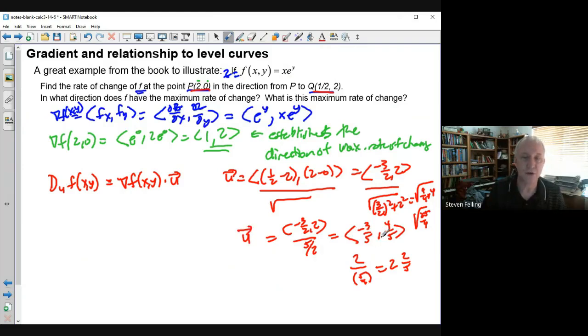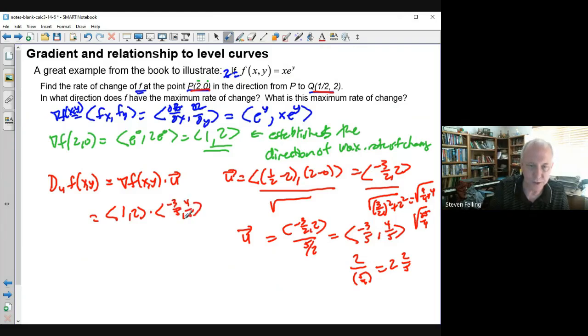And now that I have a unit vector in the direction that I want to move along, not the direction of maximum rate of change, I can find the dot product to project some of this gradient vector. So I've got the gradient vector 1, 2, right? And if I take a dot product with this negative 3/5, 4/5, that's going to tell me how much of it is in the direction that I wish to go.